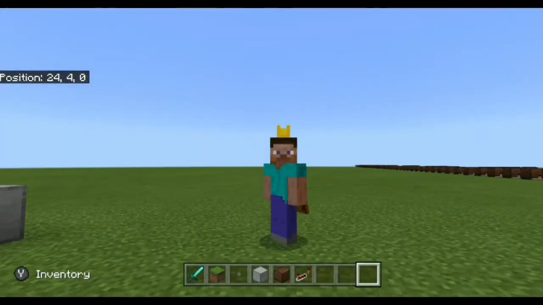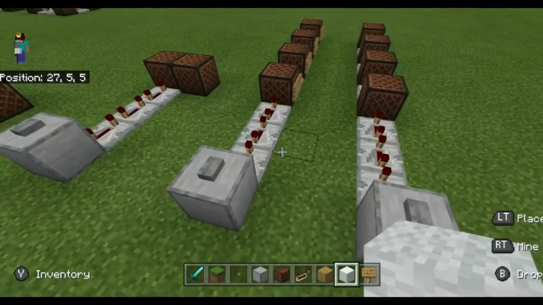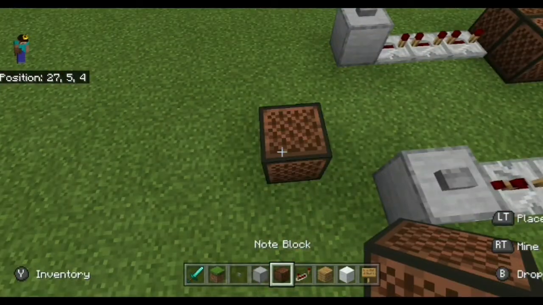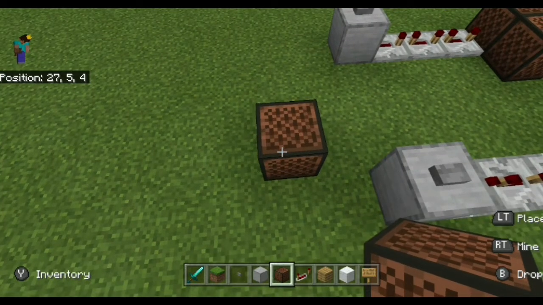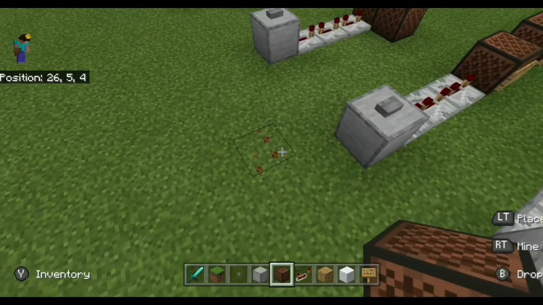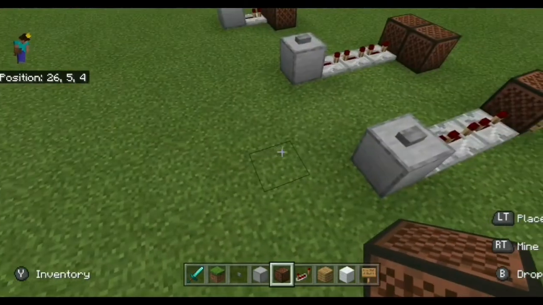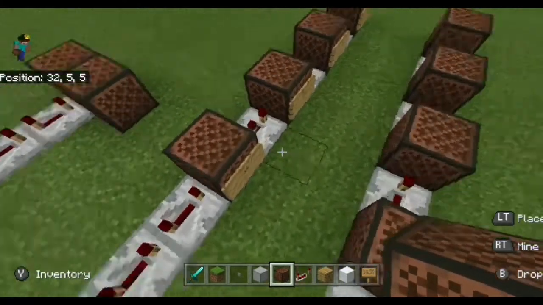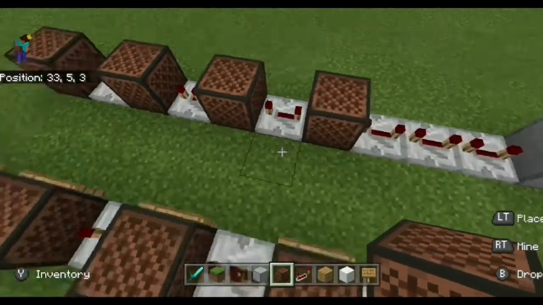So let's move on to another thing about the repeaters. If you don't know already, note blocks don't have long notes or short notes. You only have one note, sort of like that. So you can't really have one note stretch on for a long time, so you have to sort of work around it. So what I would recommend is having a little bit of delay in between notes.